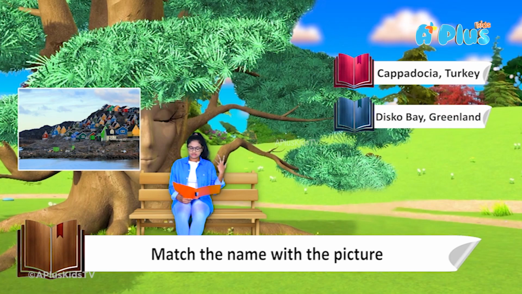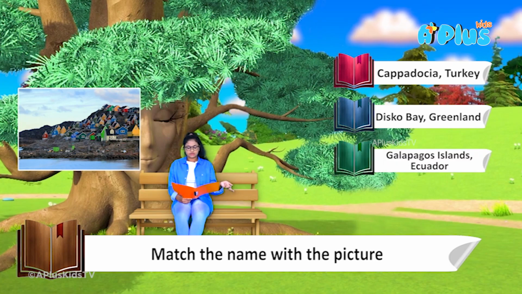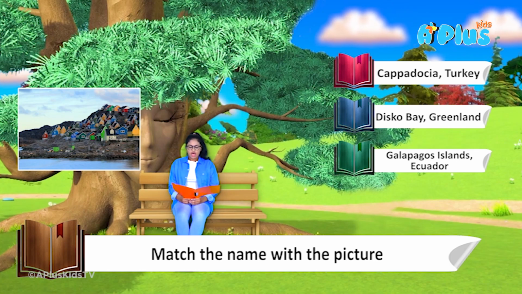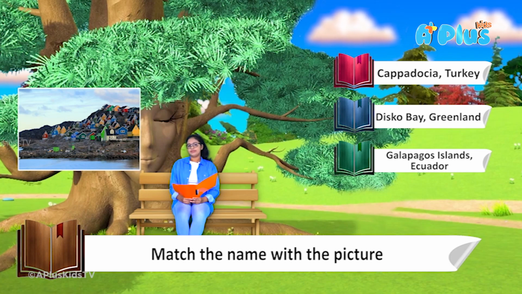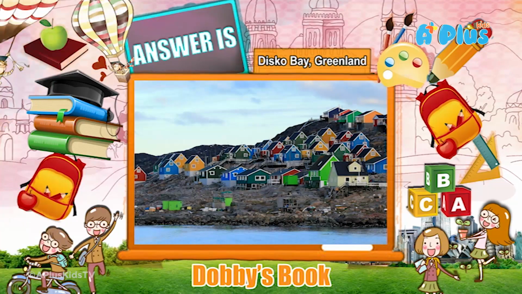Option number 3 is Galapagos Islands, Ecuador, right? So, out of this, what is seen in the picture? I don't know actually, but we'll just have a check on the answer, right? That's better. Okay. The answer is Disco Bay, Greenland?